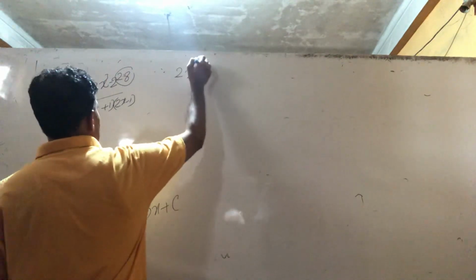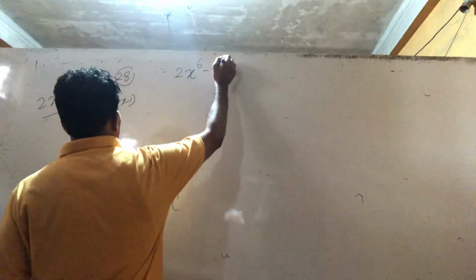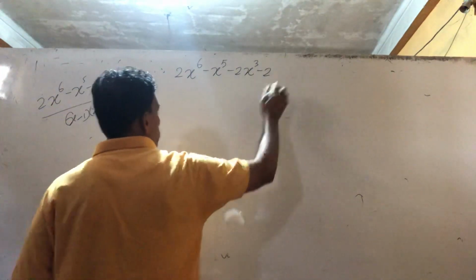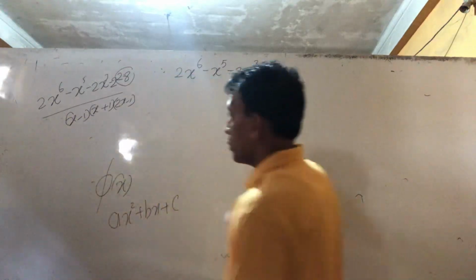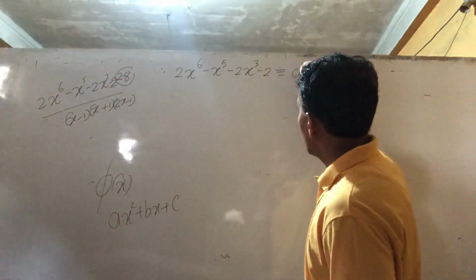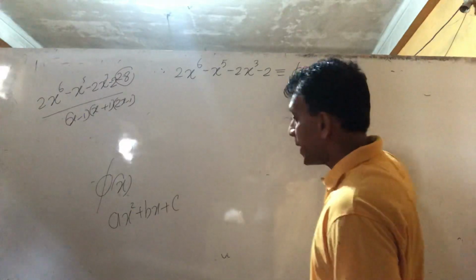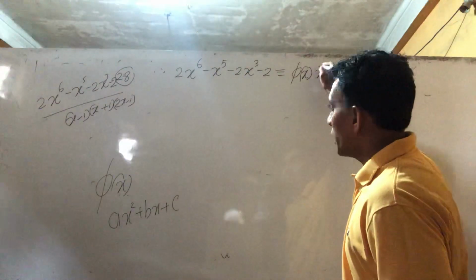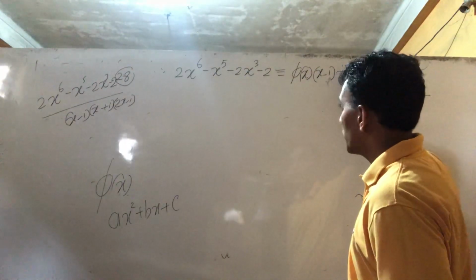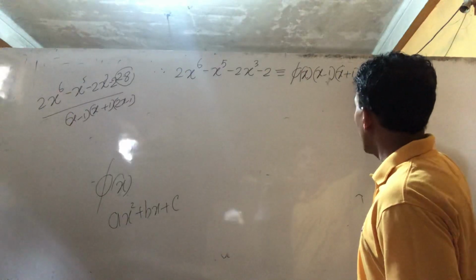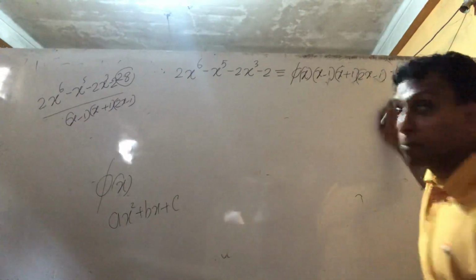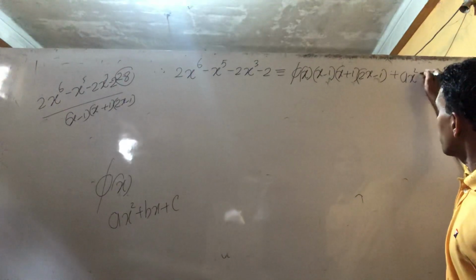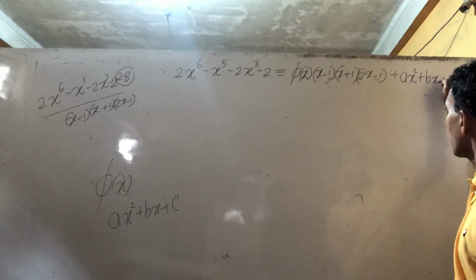Now we write that 2x^6 minus x^5 minus 2x^3 minus 2 equals the quotient into the divisor (x minus 1)(x plus 1)(2x minus 1), plus the remainder ax^2 plus bx plus c.